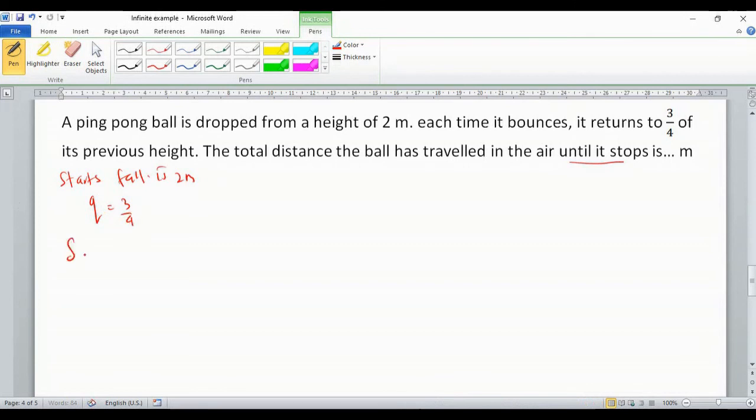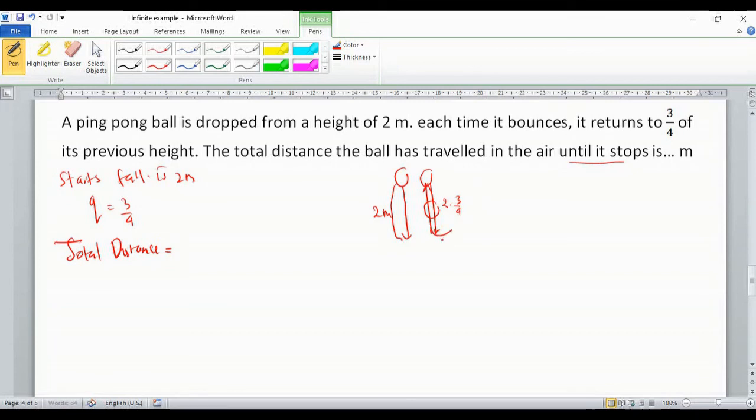They're asking us for the total distance. Okay, so from here we can say the ball is dropped from a height of 2 meters, right? But this is the starting point, or the first fall, so it doesn't have a bounce yet. The first bounce is b1, because when it bounces, it goes back up to a height using the ratio, 2 times 3 over 4.